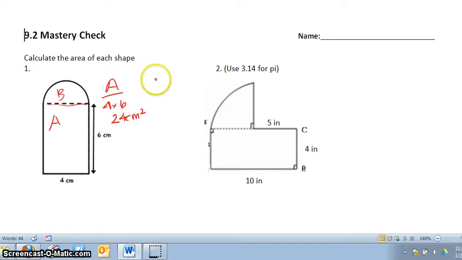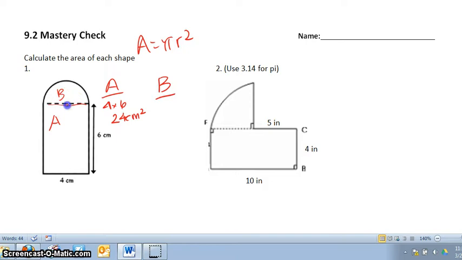For circle B, or half circle B, what I'm going to do is find the area of that whole circle, if it was a whole circle, and then just divide it by 2 so that I get the area of the half circle. So remember that the formula for the area of circles is pi times radius squared. First I need to figure out what the radius is.